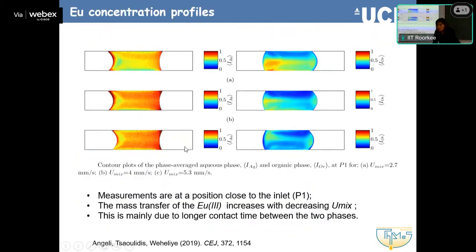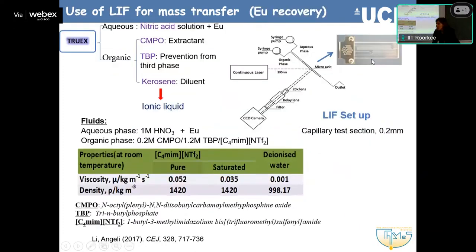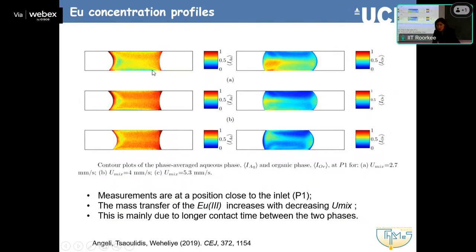So what I'm showing you here is the effect of velocity. If the velocity is slow, there would be more extraction happening at this location. If the velocity is fast, not much extraction would have happened. And that's what you see here.